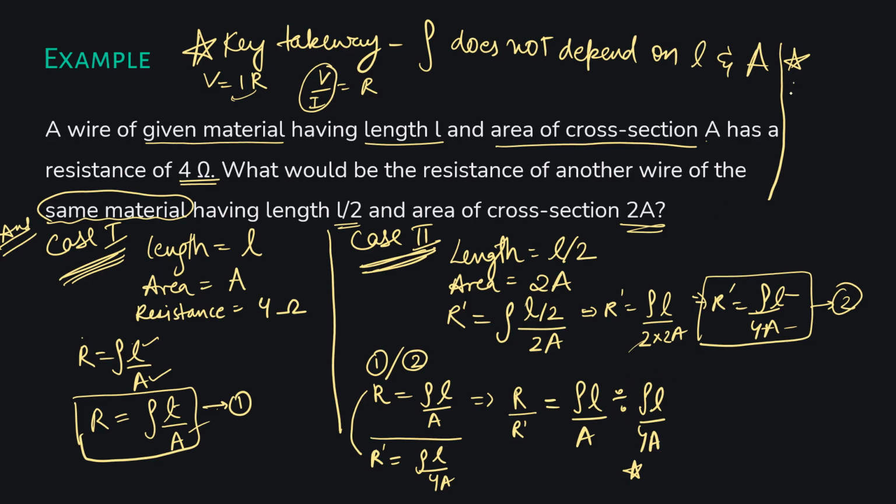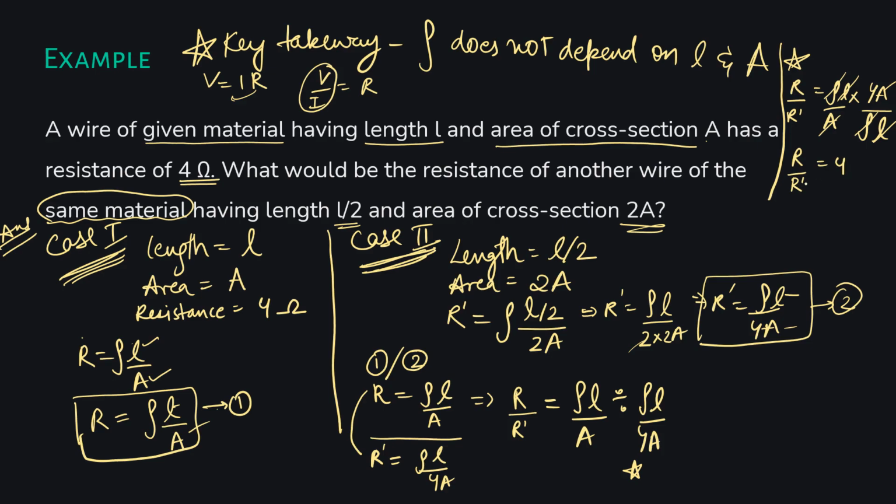So we write R upon R dash is equal to rho L by A into 4A upon rho L. Now I cancel out all of the common terms. This rho gets cancelled out, L gets cancelled out, and A also gets cancelled out. So what do I have left here? R upon R dash is equal to 4.